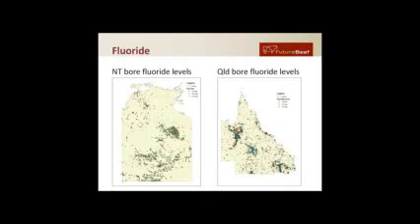Those rock phosphates are no longer registered for livestock feeding, but we still have issues with high fluoride levels in some of the bores. In these two maps, I've only included those bores that had relatively high fluoride levels. The little yellow dots are bores that have a fluoride level of 2 to 3 parts per million, or milligrams per liter.